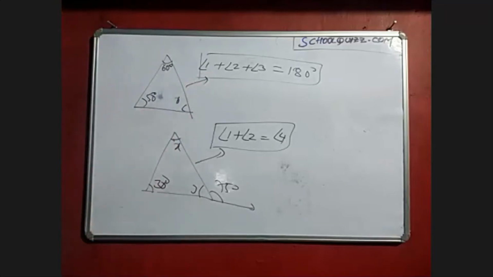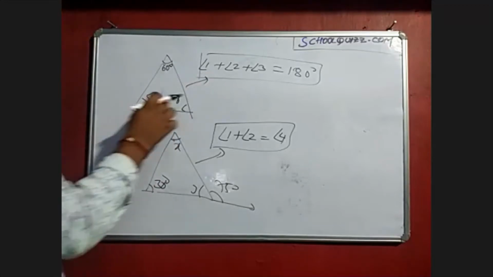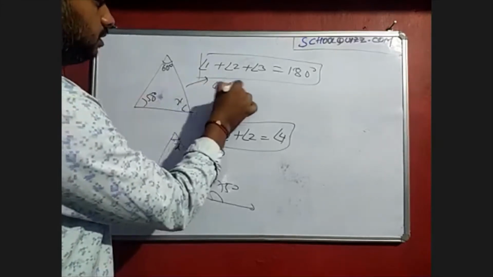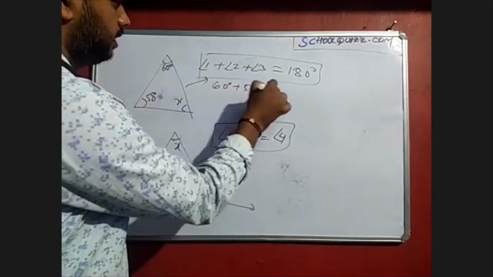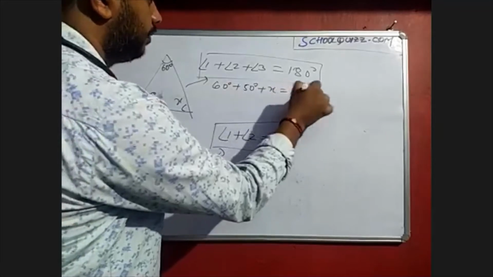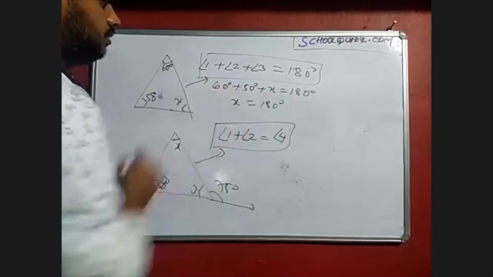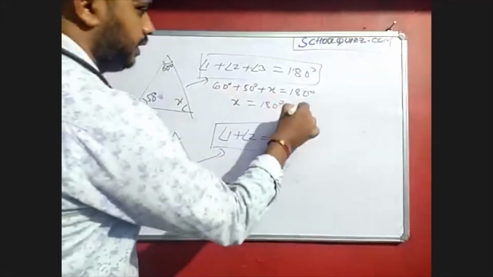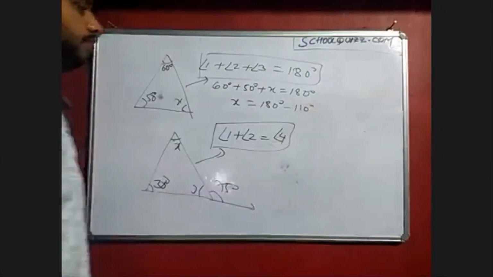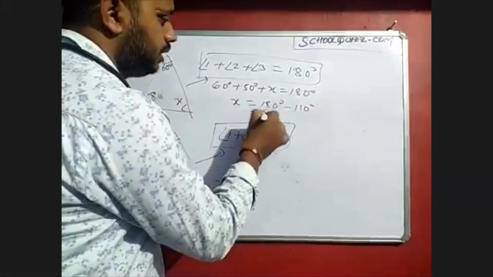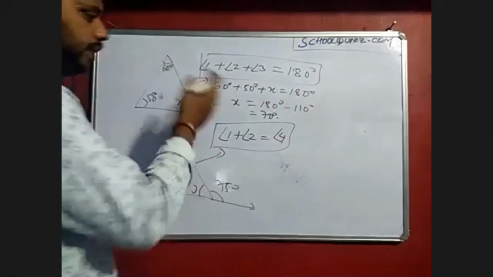Suppose x. So 60 plus 50 plus x equals 180 degrees, and x equals 180 degrees minus, and 60 plus 50 is 110 degrees. When this goes to the other side, you get the subtraction and you get x equals 70 degrees.